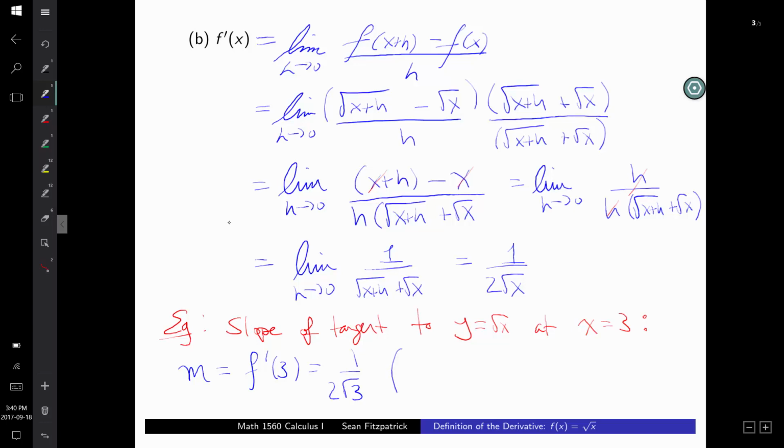And if we want, we could even give the tangent line, right? What's the equation of the line? y minus the y coordinate. So if I put x equals 3, y is equal to root 3, equals the slope, 1 over 2 root 3, times x minus the x coordinate, x minus 3. And we have the equation for our tangent line. Okay, we'll do a couple more of these examples before we move on.